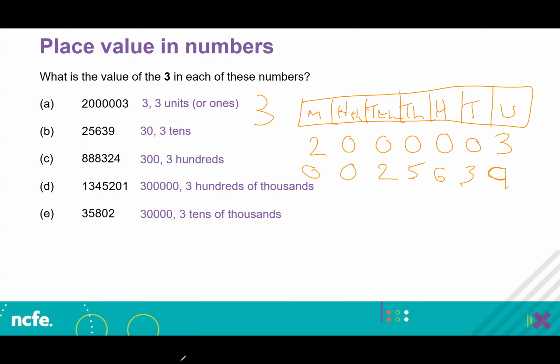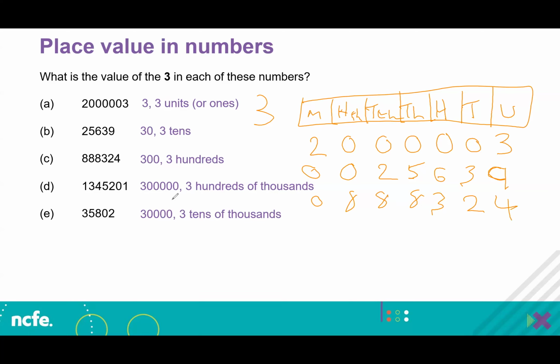So the answer here would be 30. For the third one, 800,000, 80,000, 8,000, 300, 20, and 4. So it would be 300 there.